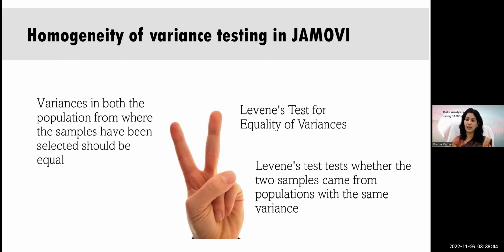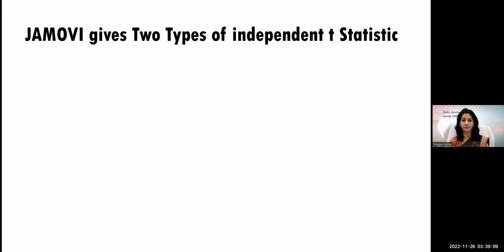So how do we check the homogeneity of variance in Jamovi? It says that the variances in both populations from which the samples have been selected should be equal. So we have Levene's test for equality of variance, and this Levene test tests whether the two samples have come from the same population with the same variance.